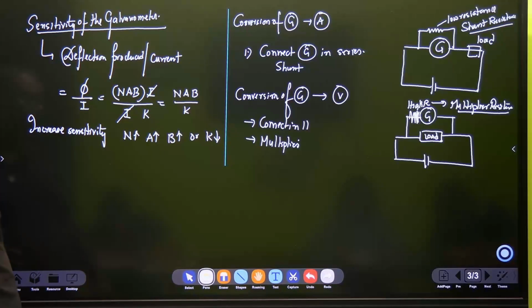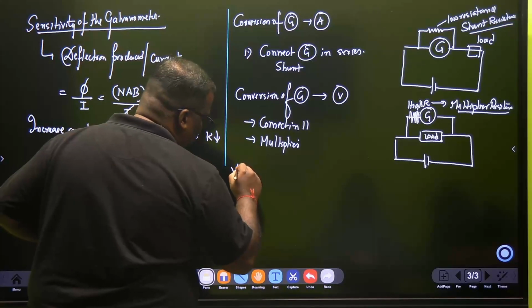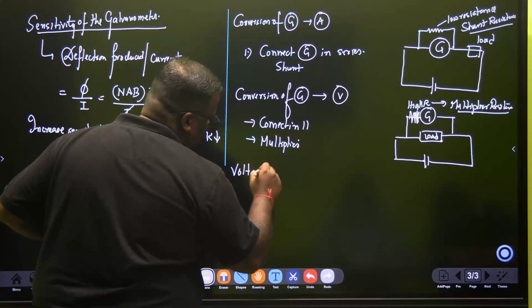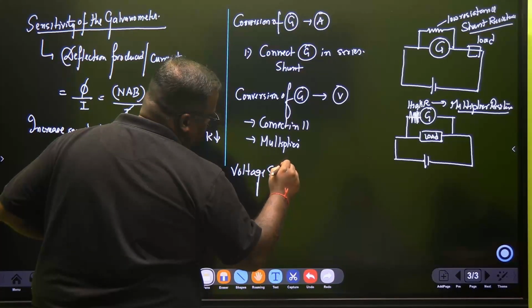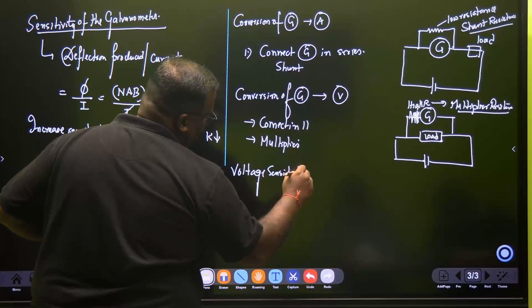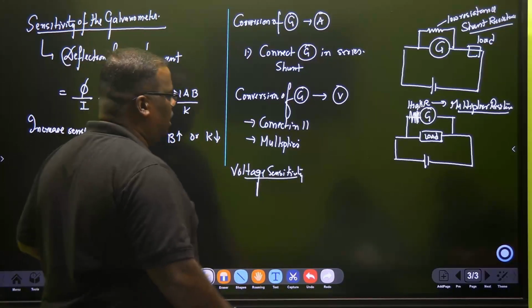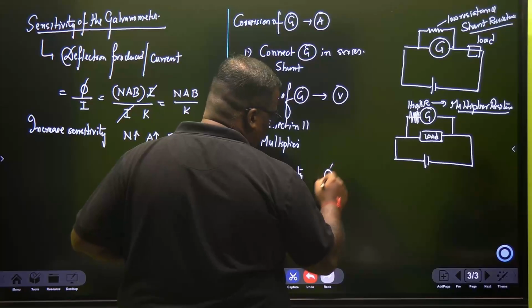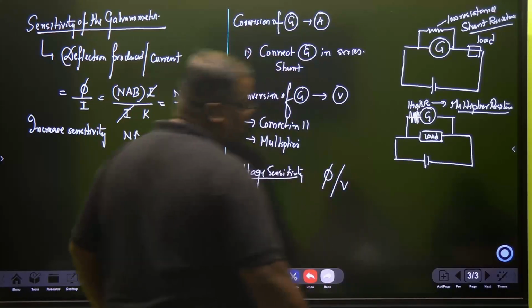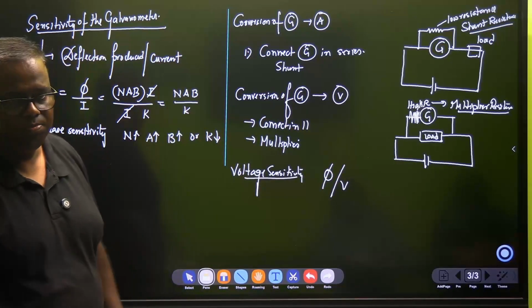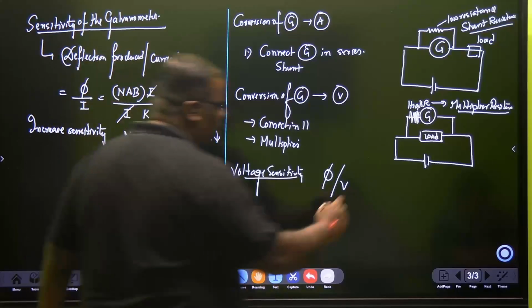Okay? So let's now calculate what should be the voltage sensitivity. What was current sensitivity? Deflection per unit current. So this will be deflection per unit voltage. Yes or no? What is deflection?